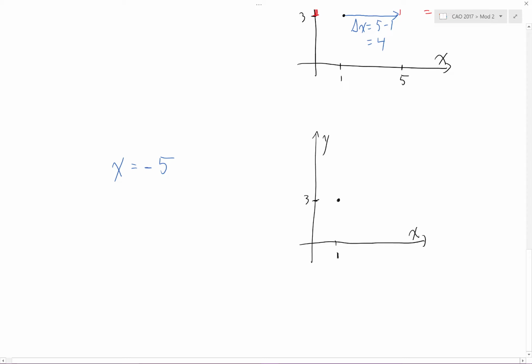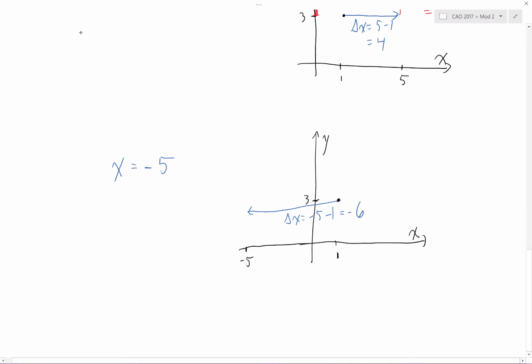So we have a reference point at (1, 3). Now if we look at when x is equal to negative 5, we can imagine x changing from an initial value of 1 to a final value of negative 5. And this change in x is going to be equal to negative 5 minus 1, which is equal to negative 6.